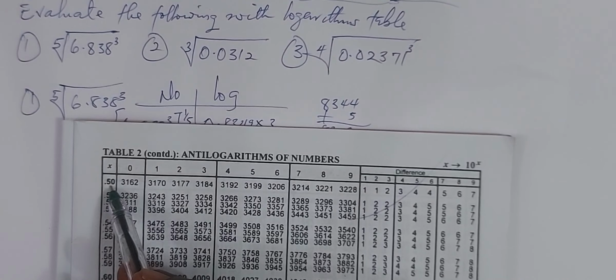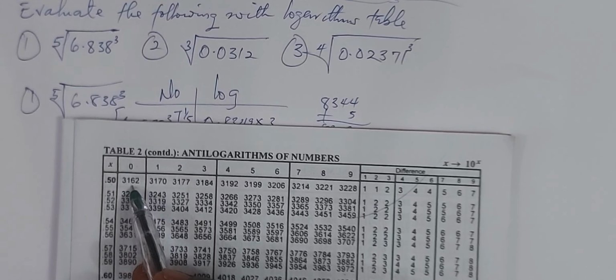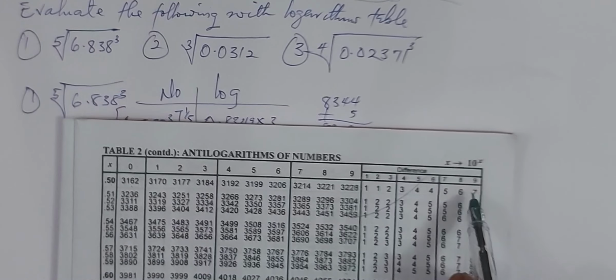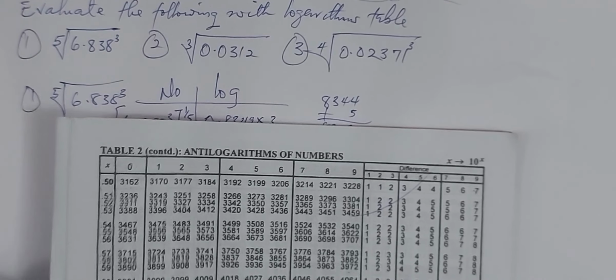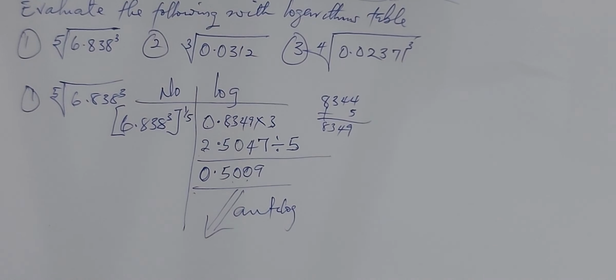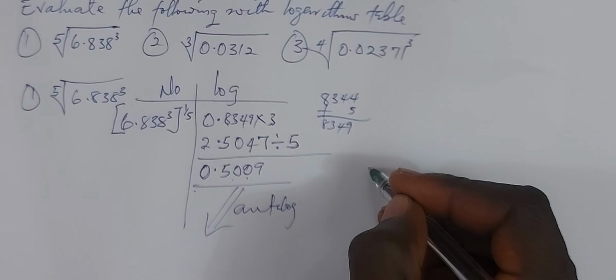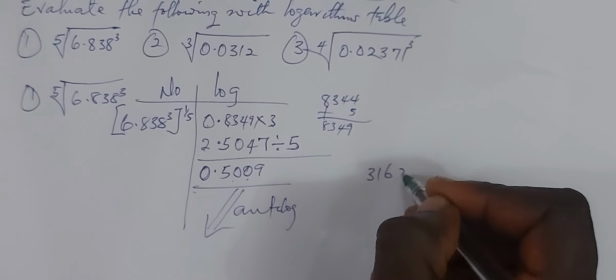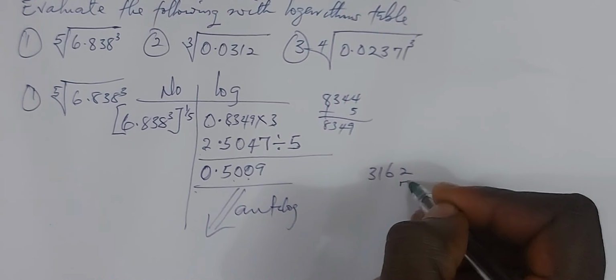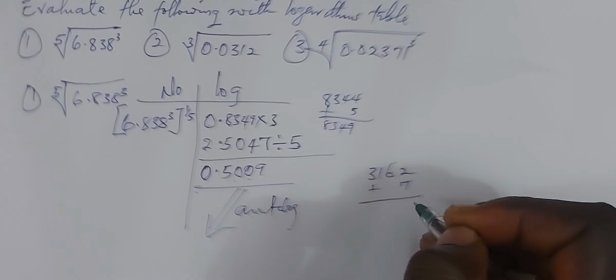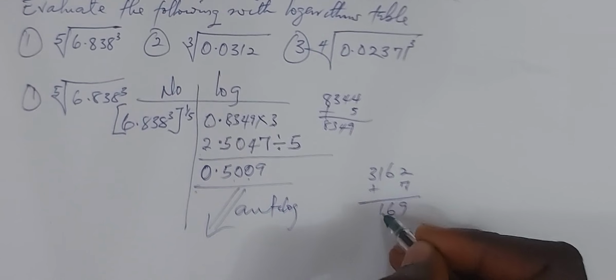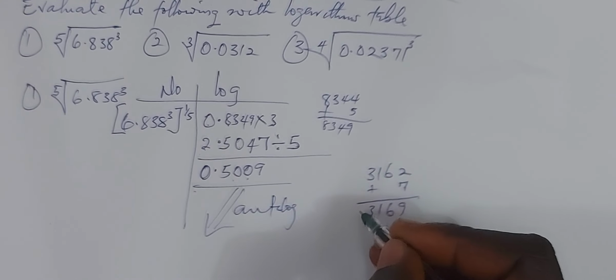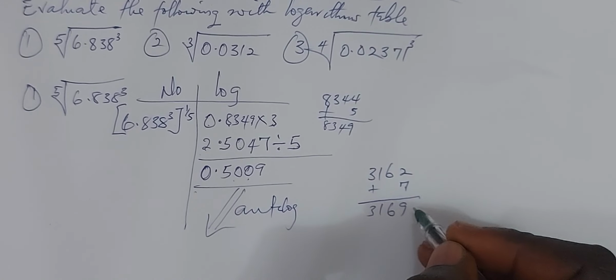This is 50 under 0, difference 9. 9 is here. See the difference? 9 is 7. So under the antilog table we have 3162. Difference 9 is 7. You add it to get 2 plus 7, we have 3169. So remember, it's 0 point this number.